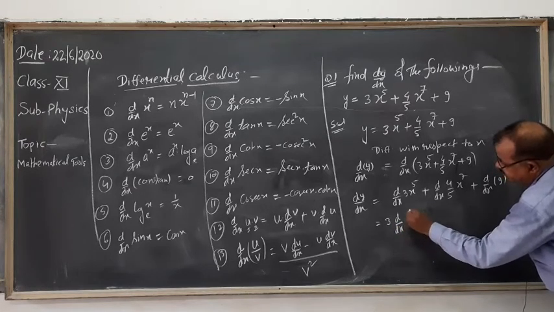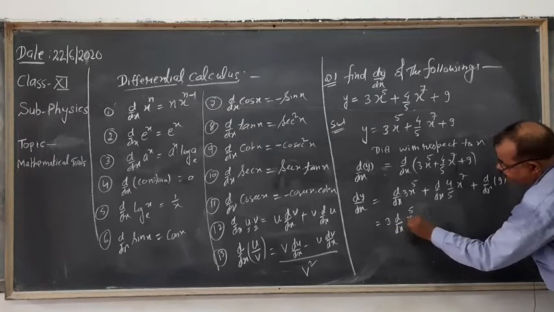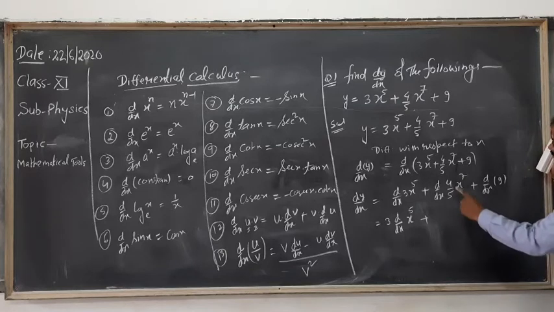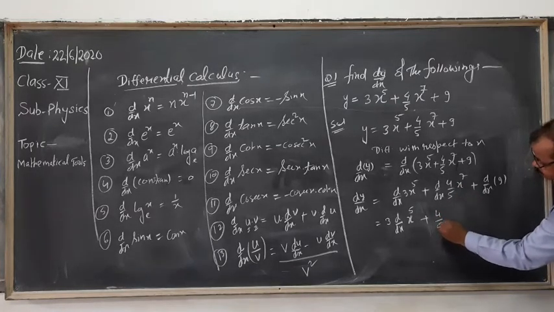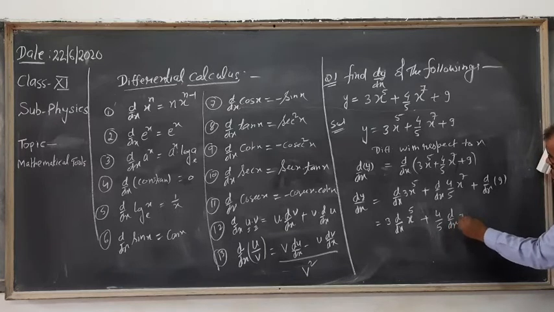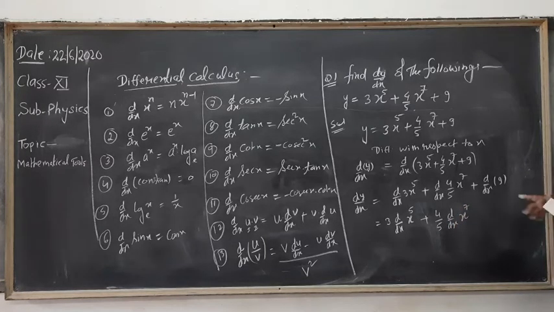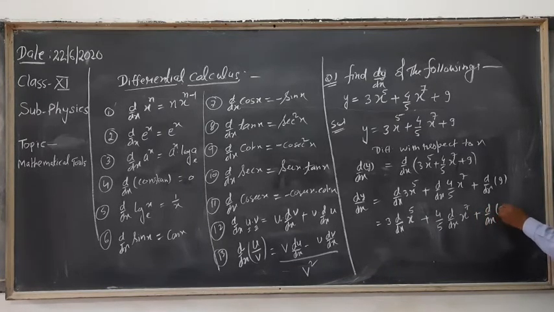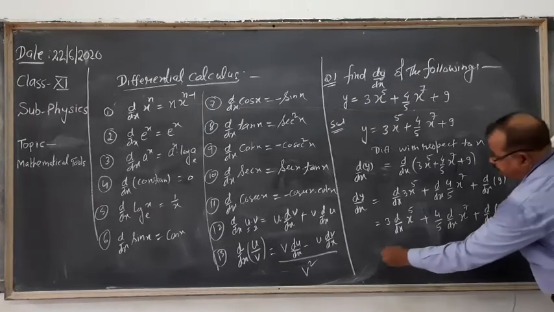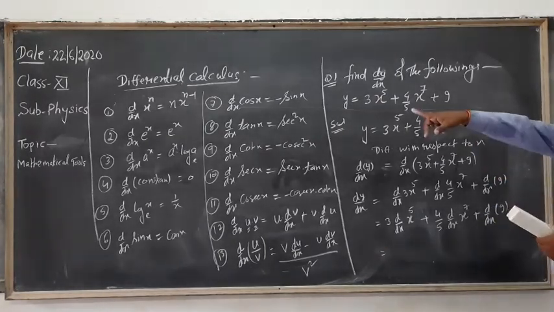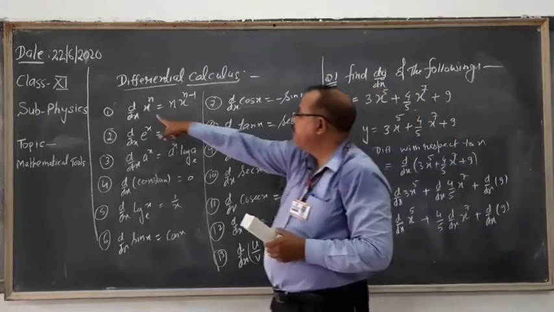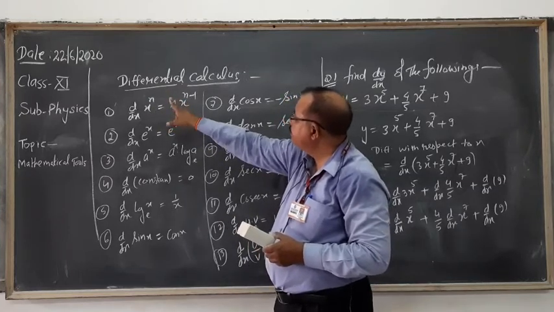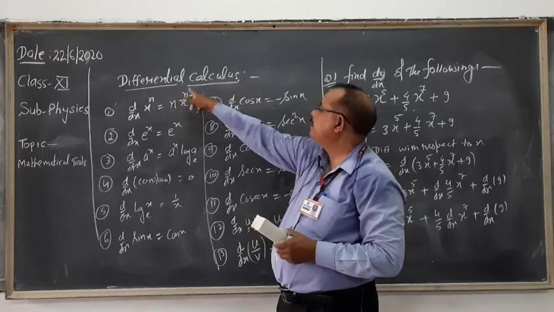d upon dx of x to the power 5, this is an algebraic function, x to the power n, the first formula will be used, plus 4 upon 5 is a constant, and d upon dx of x to the power 7. Only variable terms are written here, and d upon dx of 9. Now using the first formula, d upon dx of x to the power n is n into x to the power n minus 1.